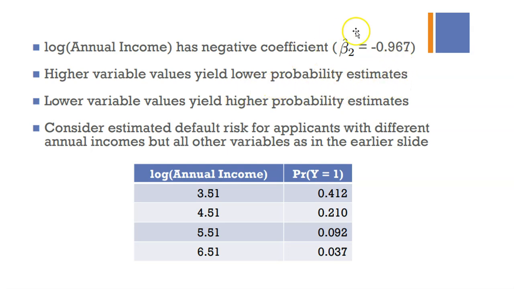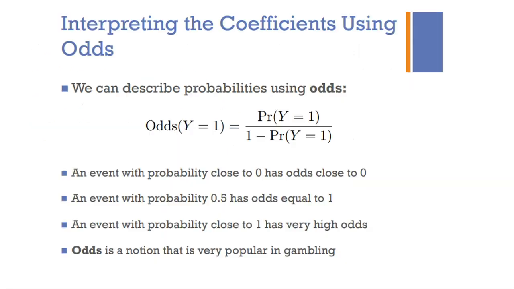So when you have a negative slope, beta 1, beta 2, any of those betas, what that means is that if that variable is higher, that reduces the risk of default. Lower variable values yield higher probability estimates. Consider estimated default risk for applicants with different annual income, but all other variables as in earlier slides.